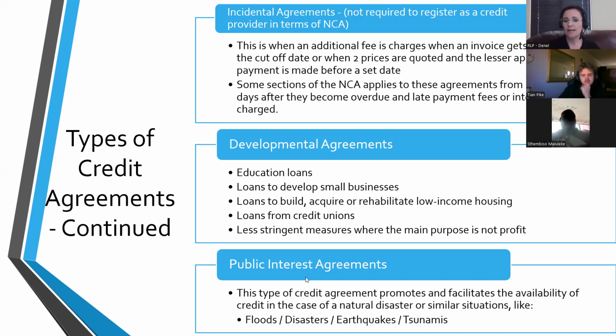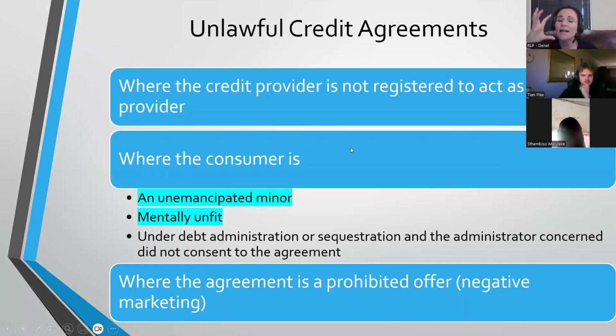It would be silly to apply strict rules if they're trying to assist people during a difficult time. Now, unlawful credit agreements. I want you to pay attention to this entire slide. An unlawful credit agreement means the entire agreement is unlawful, so the consumer cannot be forced to stay bound to this type of agreement.